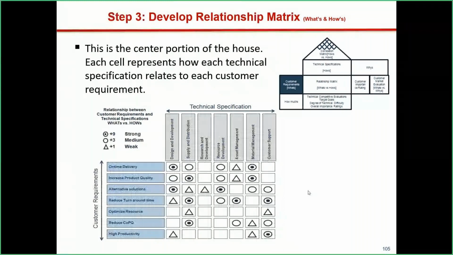Now, this is what you do to get the relationship matrix, what versus how. So each symbol that you see, you are trying to establish a relationship between each technical specification and customer requirement. This is again a brainstorming activity. It requires people from different departments. So a symbol like this is a strong relationship, medium, and weak.